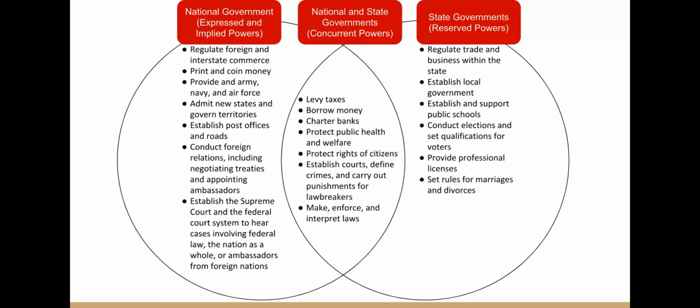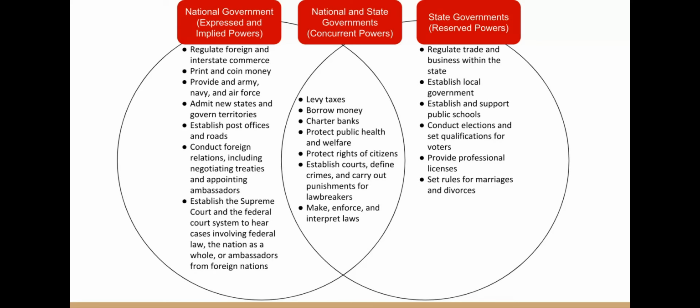If we jump over to the other side, looking at state governments and the reserved powers, they can establish local governments. They can support public schools. They can provide professional licenses, set the rules for marriage and divorce. And then in looking at concurrent powers, both the national and state governments can levy taxes. They can charter banks, borrow money.